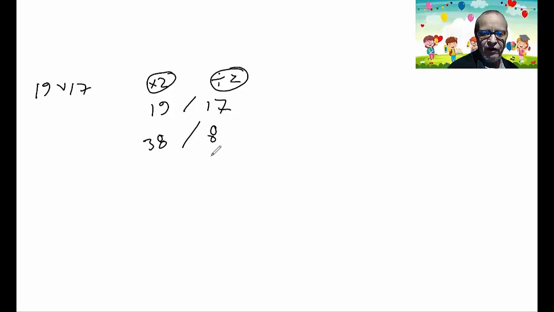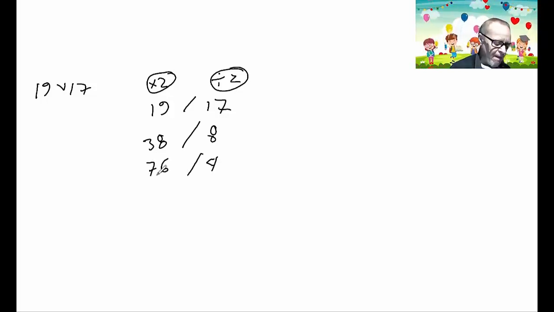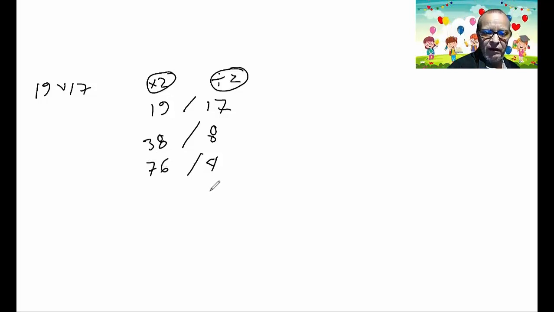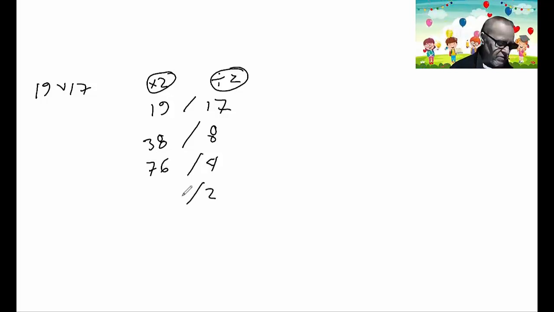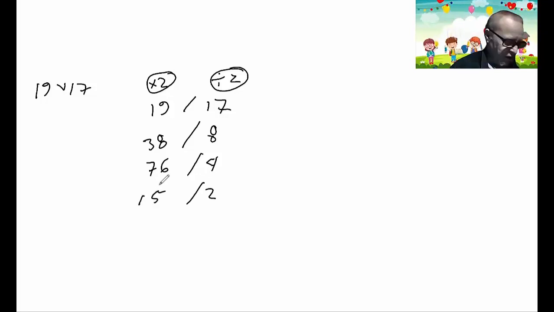And then 8 divided by 2 is 4, and I double 38 and I get 76. And 4 divided by 2 is 2, and I double 76 and I get 152.